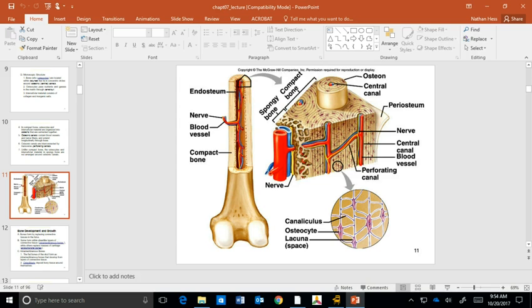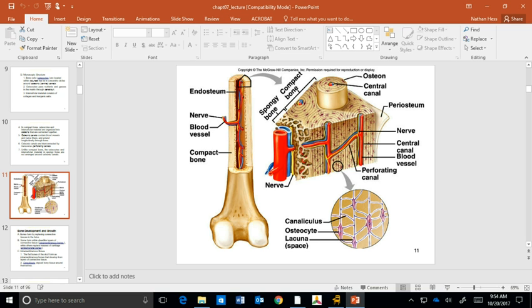Are you with me? Question. They would be much smaller than this. You can't really see it in these diagrams. Each individual one of those cells is in a little lacuna. If you zoom in, it would be this guy right here, the little space.